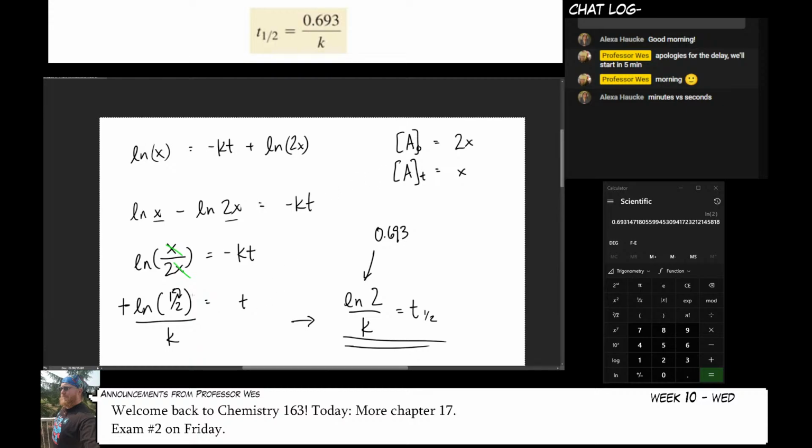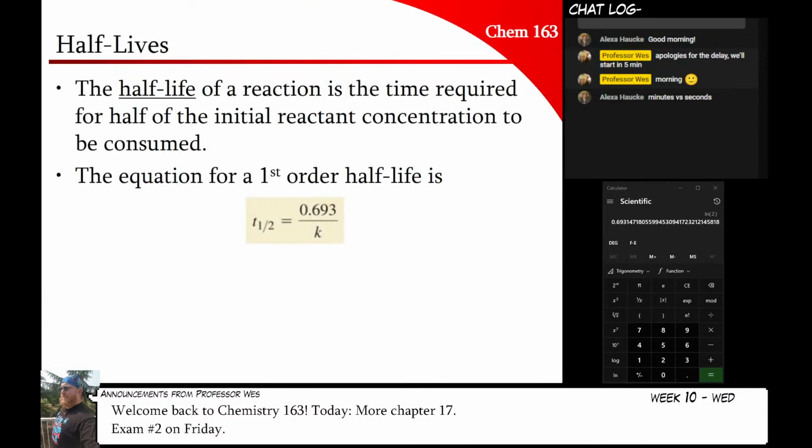So, on the exam formula sheet, I wrote it as 0.693 over k. But you will oftentimes see it as natural log 2. And that's where it comes from. So basically, all you have to do is just say, okay, what's my rate constant? And just throw it in the equation. And then do natural log of 2 divided by that rate constant. And that will tell you how long will elapse for a substance to decay by 50%.